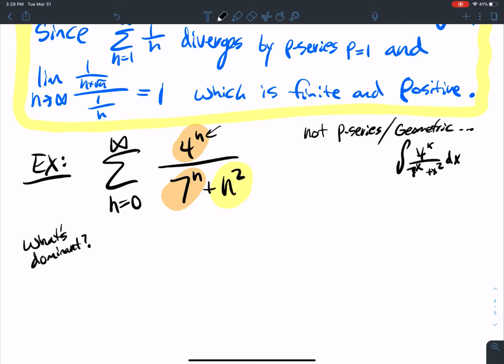Okay. So it's behaving like 4 to the n over 7 to the n for large n, which is the same as 4 over 7 all raised to the n. And that looks like a geometric.